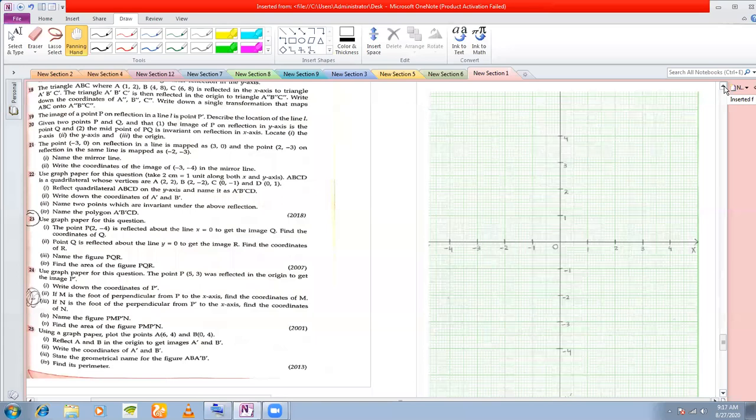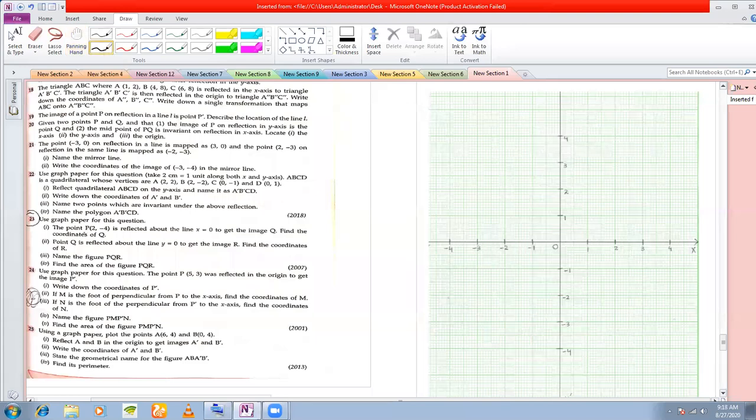The point P(2, -4) is reflected about the line x = 0 to get. Now see here, the scale of the graph is not mentioned, so the scale is up to you. You will use your good judgment to take the scale. What kind of a scale should I take here?